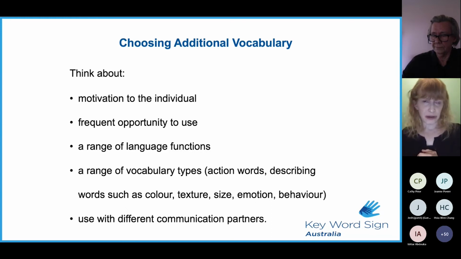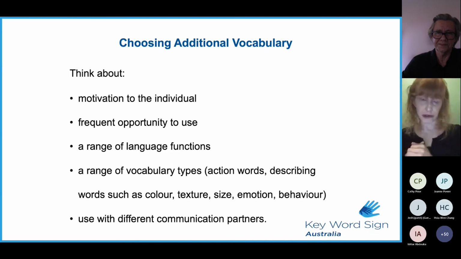Thinking about vocabulary that the child will have a frequent opportunity to use if it's something that enters their vocabulary, that allows them to communicate using a range of language functions, which we've already talked about, and thinking about a range of vocabulary types, so verbs or action words, and then describing words as well, like texture, size.